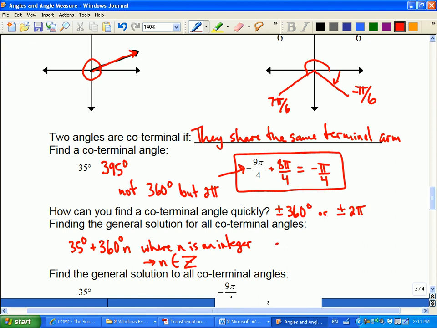Sure, negative pi over 4 works, but it'll be the same thing if we start with the one we had. And then what do I do to it? Yeah, 2 pi n. Oh, I hate this part. You know this used to be worth a point on the provincial exams? Writing down where n is an integer used to be worth a point.